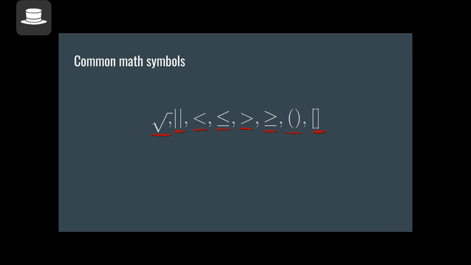Square root says, okay, whatever number it takes to generate, or let me rephrase this. For an example, 2 squared is 4, so the square root of 4 is 2. For 9, 3 squared is 9, so the square root of 9 would be 3.